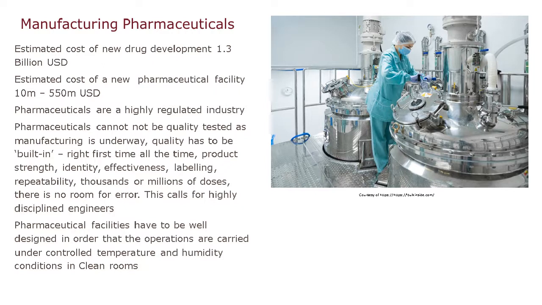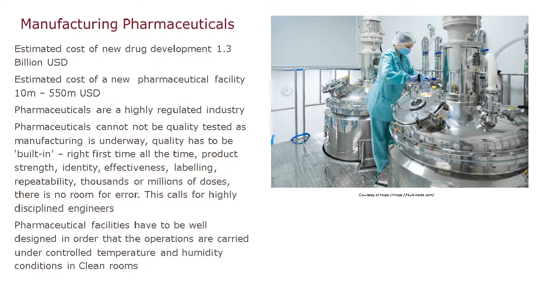Pharmaceuticals are a highly regulated industry. The concept is you cannot quality test pharmaceuticals as you can in engineering. You can't take something off the line and test it. Quality has to be built in. In other words, when it's finished, it's right, first time, all the time.